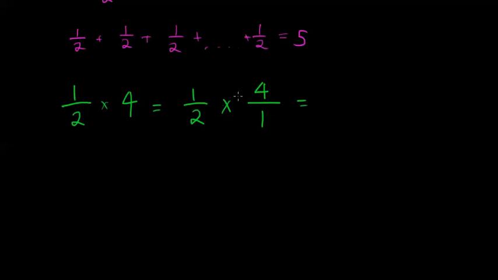Okay, and then when I multiply numerator with numerator, denominator with denominator, I get 4 over 2. I'm allowed then to simplify, which means that any common factor gets cancelled. So 2 can divide into there once, and 2 divides into there twice, so that I have 2 over 1. And 2 ones is simply 2.